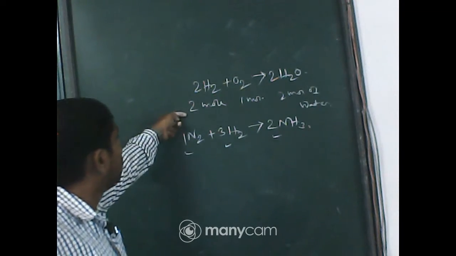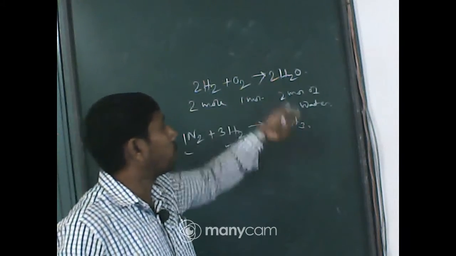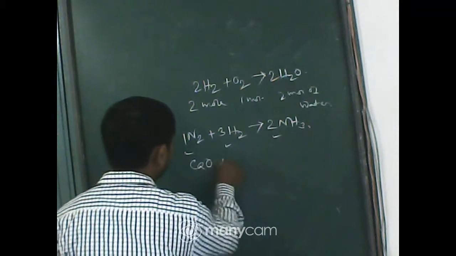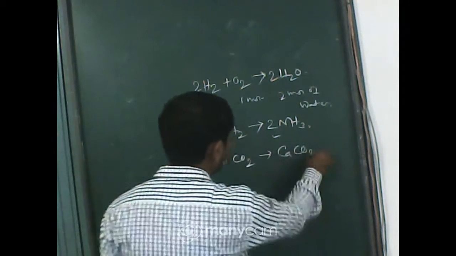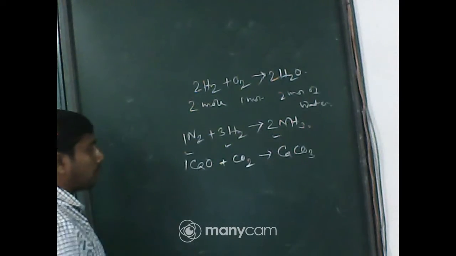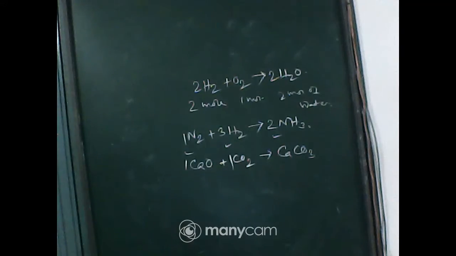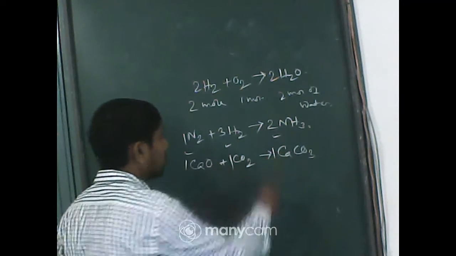In the previous one, 2 moles of hydrogen react with 1 mole of oxygen to form 2 moles of water. If it is a different one, CaO + CO2 forming CaCO3, here 1 mole of calcium oxide reacts with 1 mole of carbon dioxide to produce 1 mole of calcium carbonate.